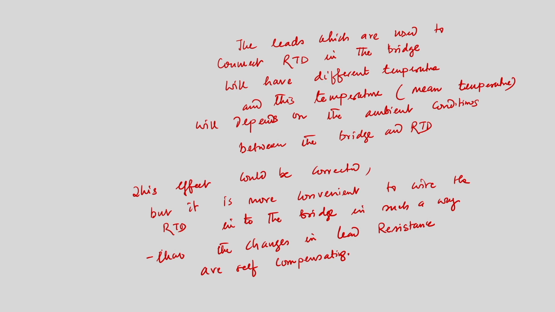The effect could be corrected, but it is more convenient to wire the RTD into the bridge in such a way that the changes in lead resistance are self compensating, so that correction is not required. So the important clue is that we need to wire the RTD in such a way that the changes in lead resistance are self compensating, and we need not go for different correction schemes.